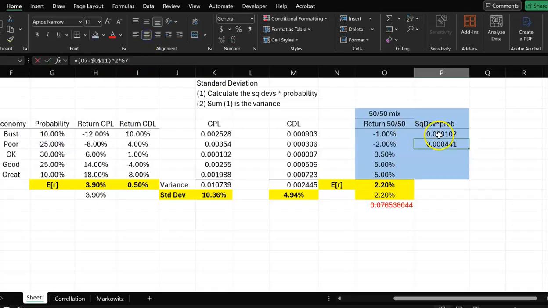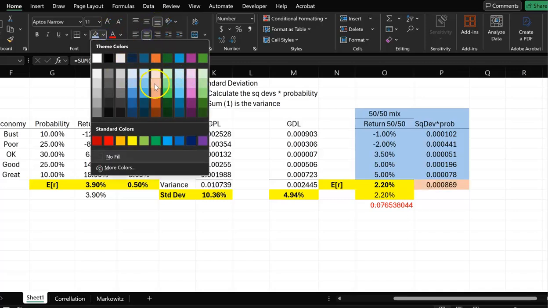Okay. All right, and then since I've got the dollar signs in there, so it'll always look there for the expected return, I can just drag this one down. Right, and notice, remember, if I sum these up, that is the variance. So I'm going to sum all of those up, and that will give me the variance.